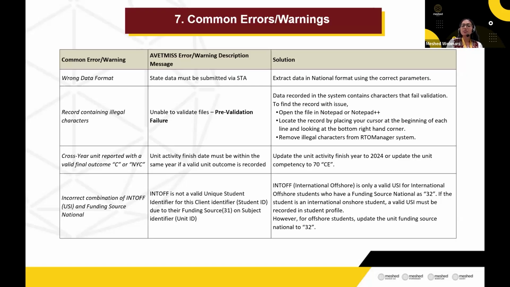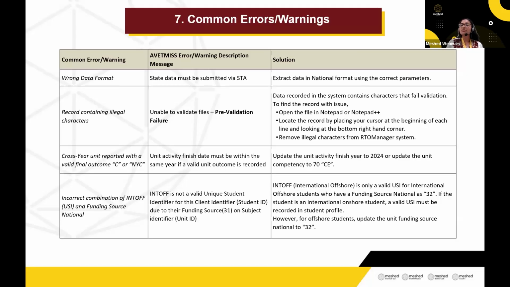The second error is what I was talking about before, which is about records containing illegal characters or your file having an invalid format. This is a preliminary check or a pre-validation failure. This means that some records in your NAT files, which we have mostly seen in the case of NAT 80 and 85, contain illegal or special characters, symbols, or hidden characters.